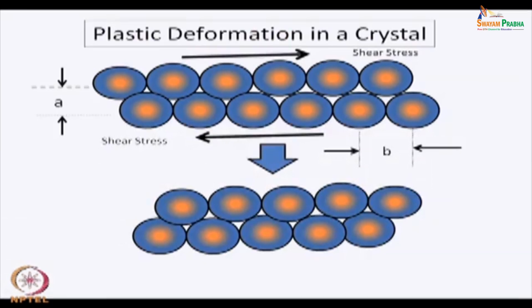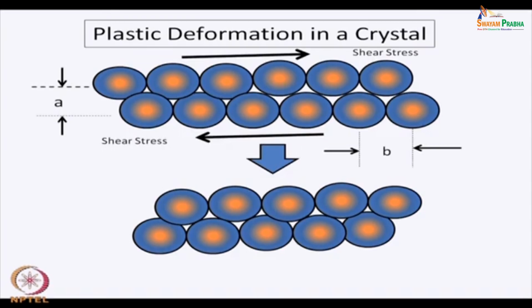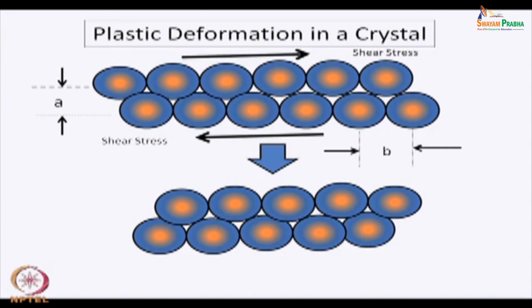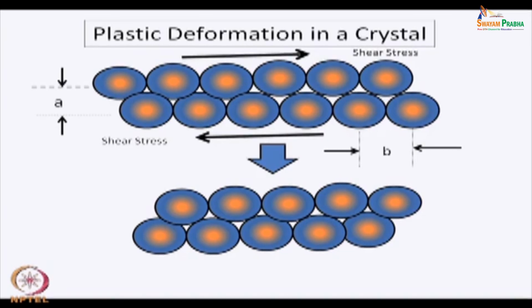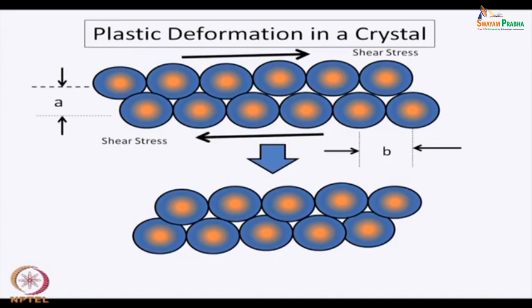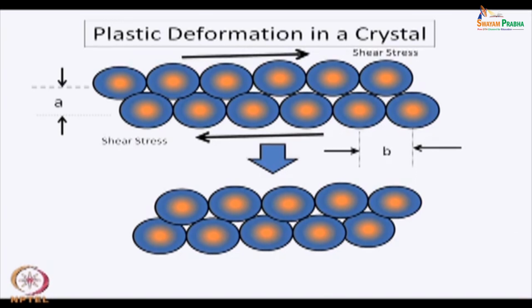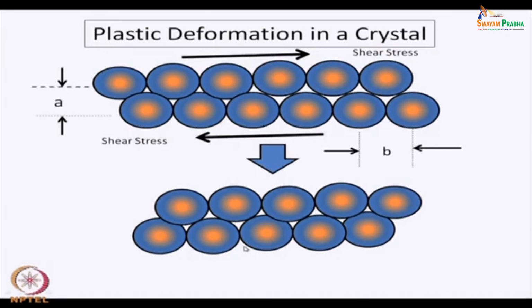Well, before that, let us try to understand, can we make a theoretical calculation of how much external stress is needed to generate a strain. Strain is nothing but a movement of atoms, relative movements of the different layers of atoms. Okay. So, at the atomistic level, we can visualize it in this manner.